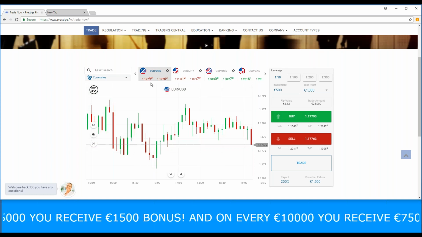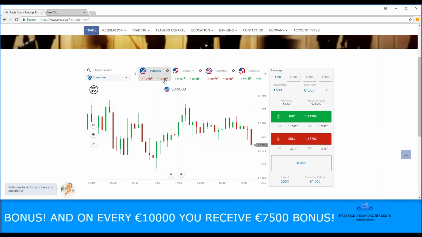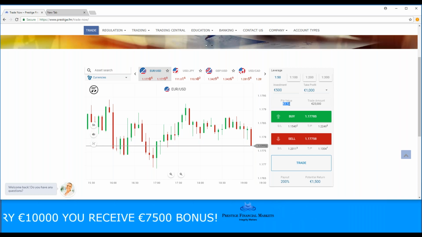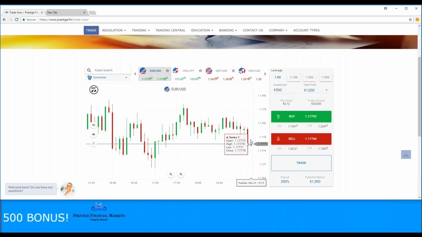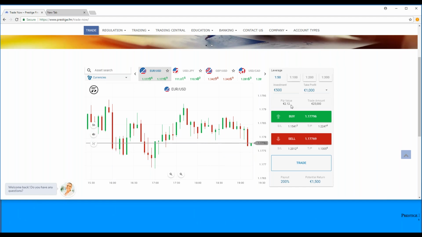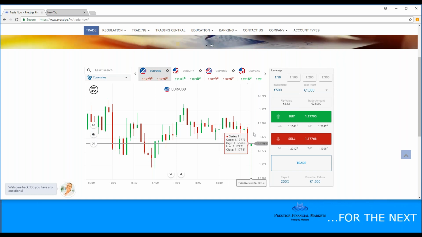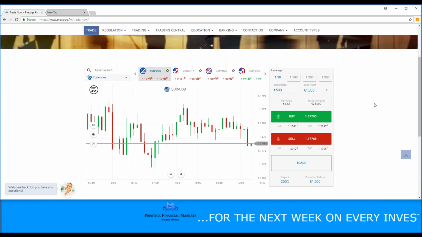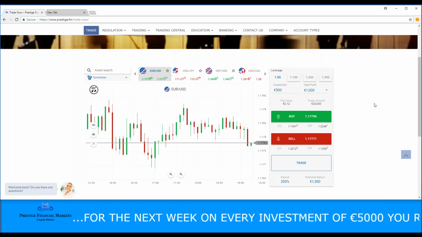The pip is here, 8, and here is 6. Let's say the pip value is $2. If the price moves, let's say, 2 pips, then we calculate 2 times 2, and we get 4 euros. If it moves 10 pips, we multiply 10 pips times 2.12, and we get 20 point something. I hope you understand this.